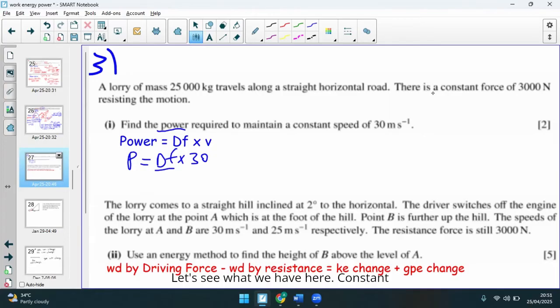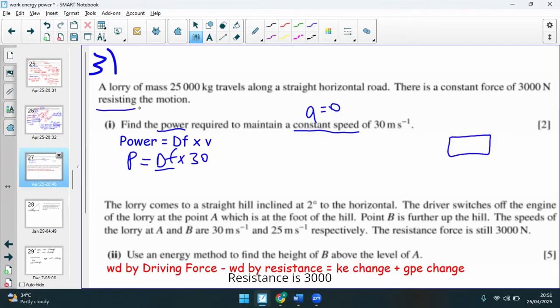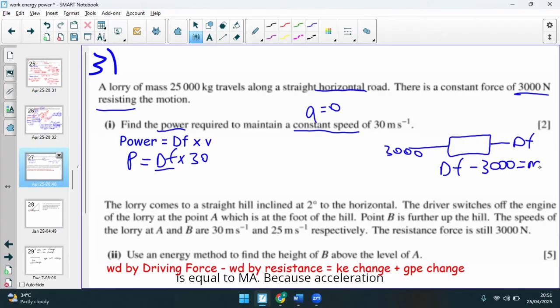Let's see what we have here. Constant speed. A equals 0, so that's basically job done for us. Resistance is 3000, horizontal road. Okay, so right minus left is equal to ma.